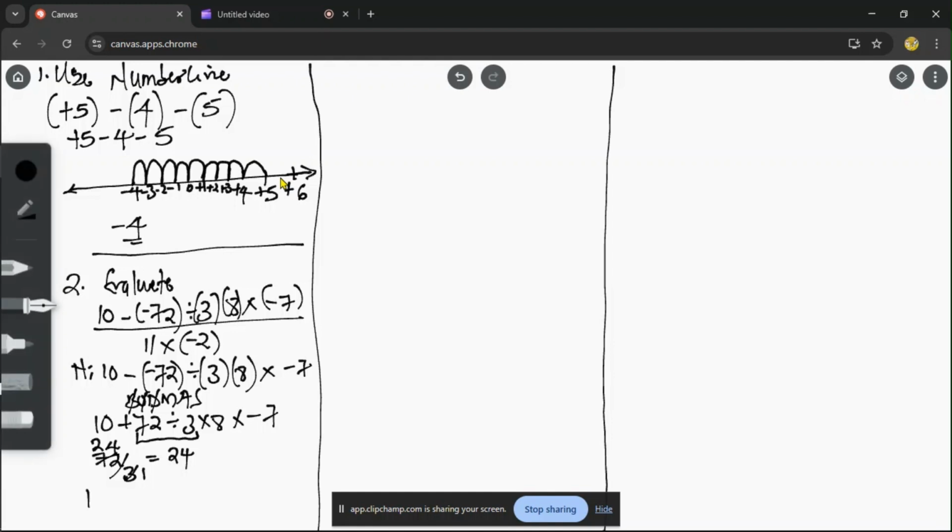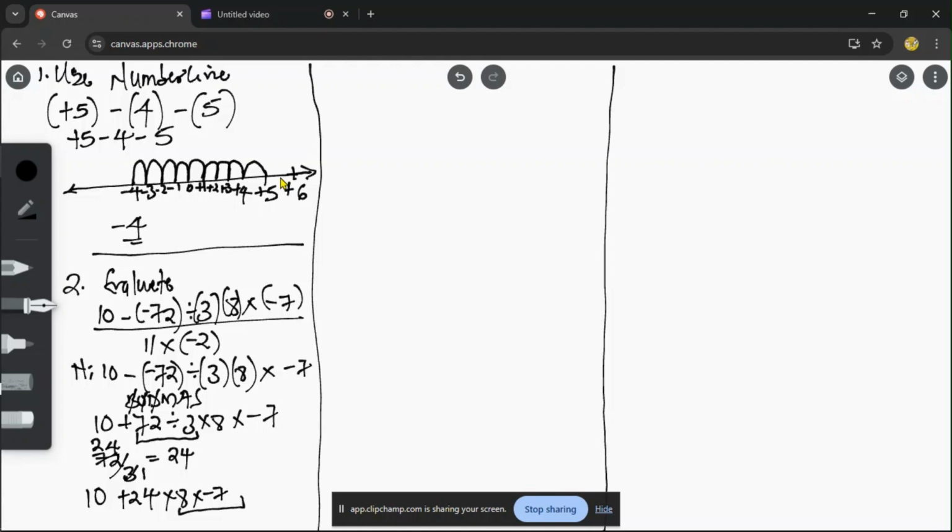So my new sum, the numerator, is 10 plus 24, then you are multiplying by 8, then you multiply by minus 7. Do you have another division? No. The next one is multiplication. So I can either take this one, work it out, then multiply my answer by 24, so that I will have 8 multiplied by minus 7.